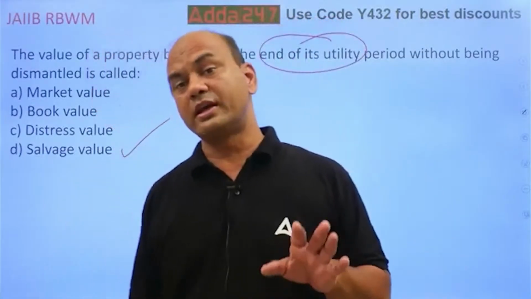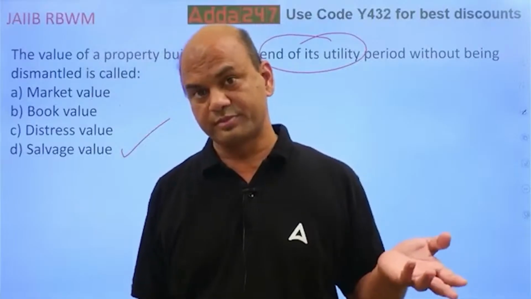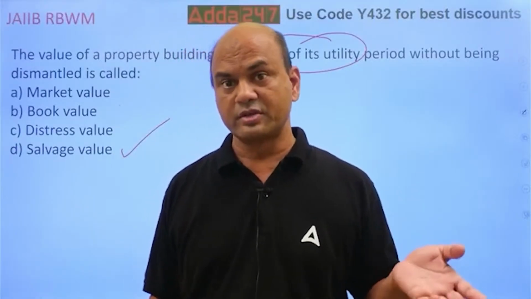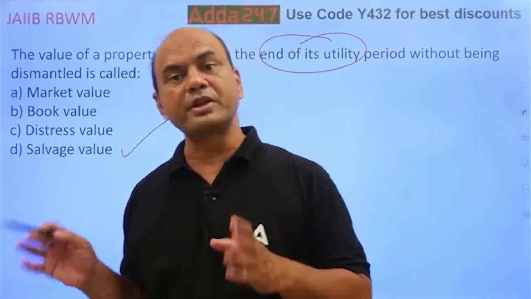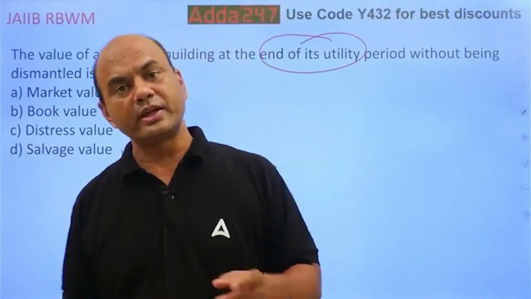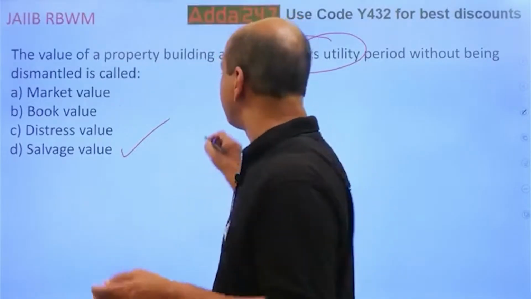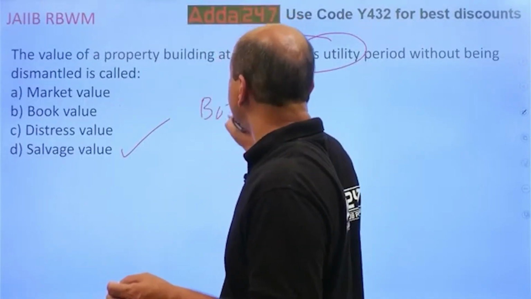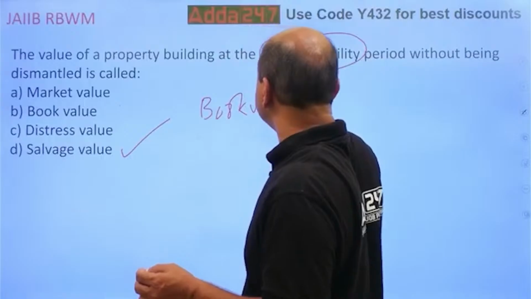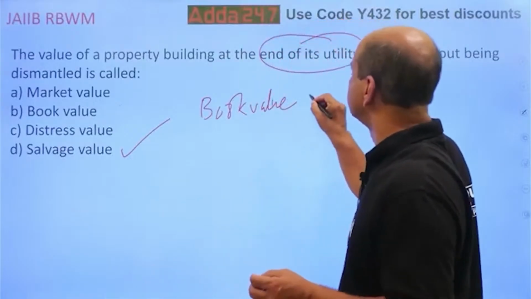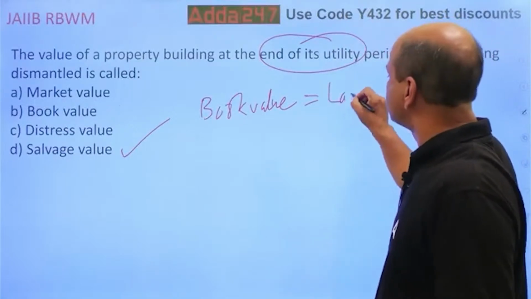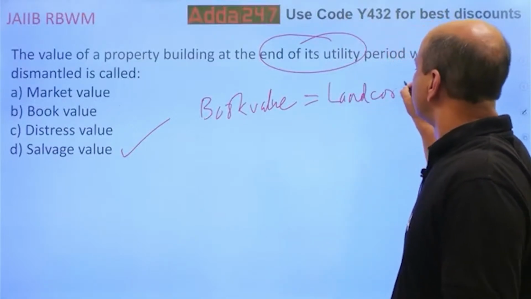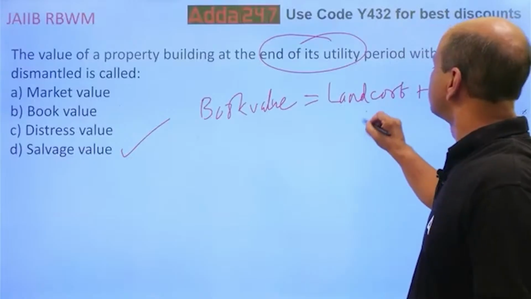Book values are there in shares also, or bonds also. Book value is there in property also. If I consider the book value in property, what is the book value consist of? Book value means, say this, land cost, kindly note, land cost plus construction cost.